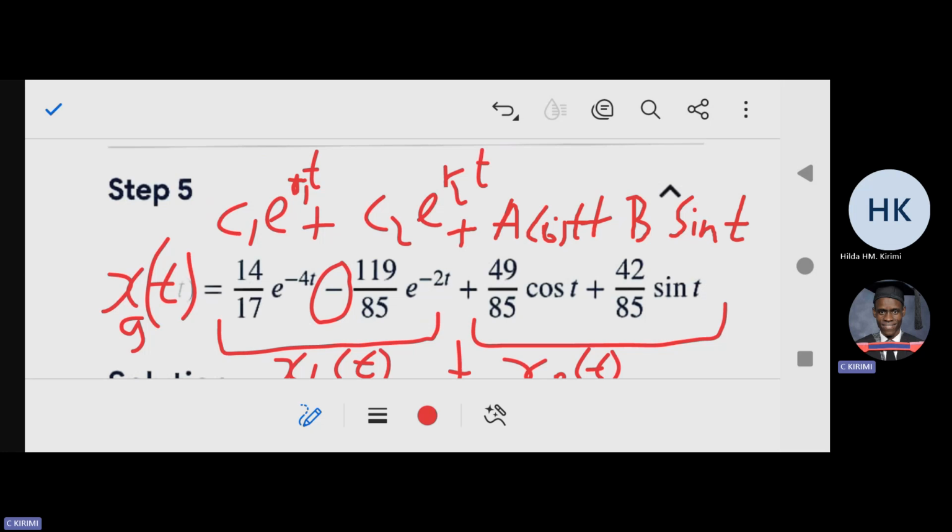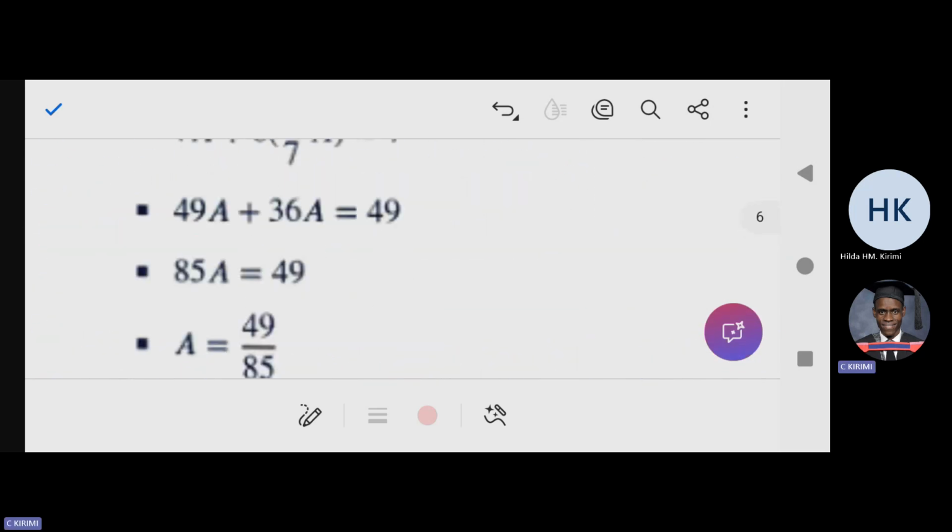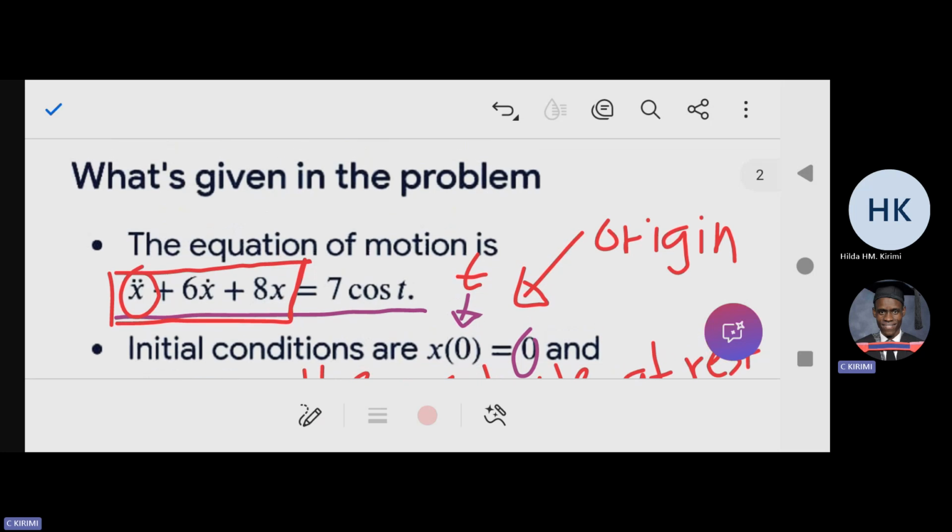So this is your x that will satisfy this equation, which we're looking for from the very beginning. What is the solution that is going to satisfy this equation? So if you take that equation, put it here, you are going to find out the right-hand side is going to be equal to 7 cos what? Cos t.